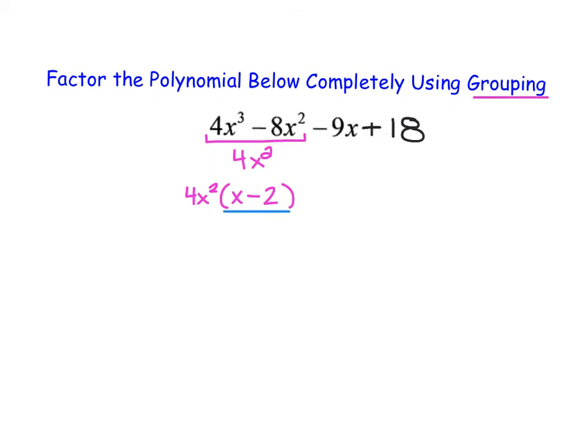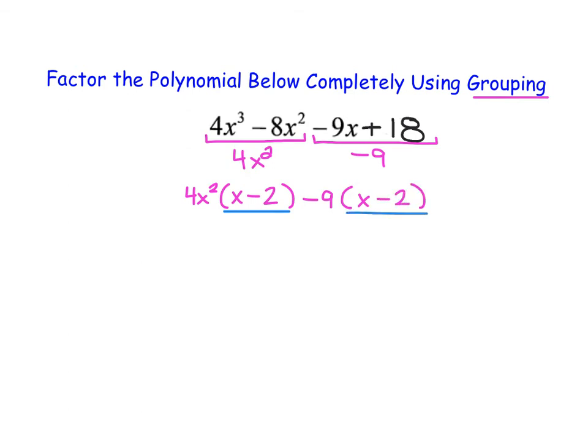So as I focus on this second pair here, my goal is to end up with an x minus 2 in the parentheses. And what I notice is that here with this second pair, if I factor out a negative 9, well, negative 9x divided by negative 9 leaves me with x. 18 divided by negative 9 leaves me with negative 2.